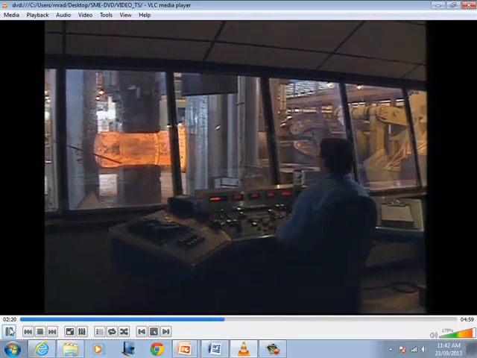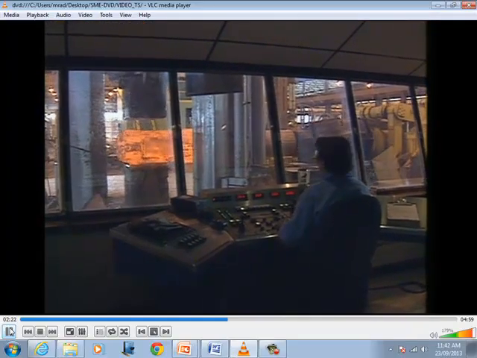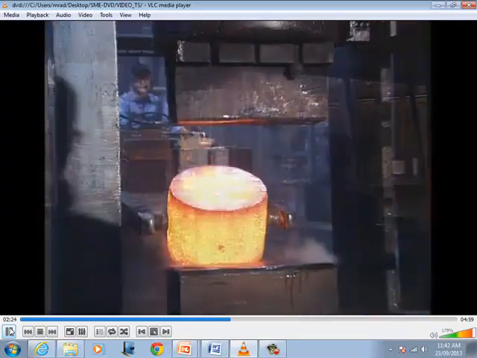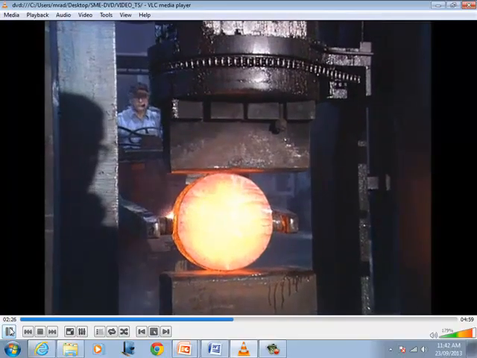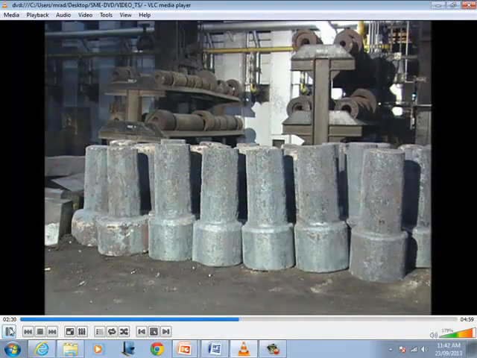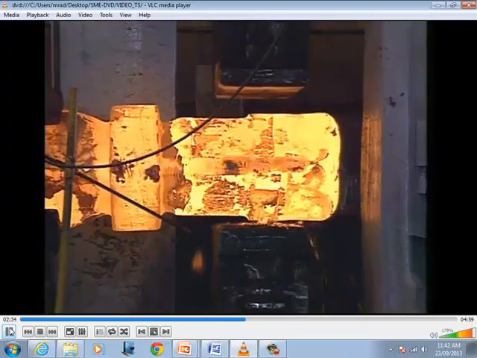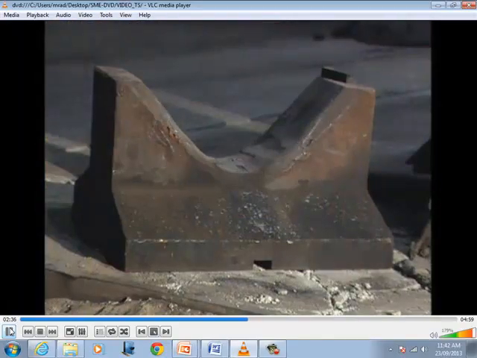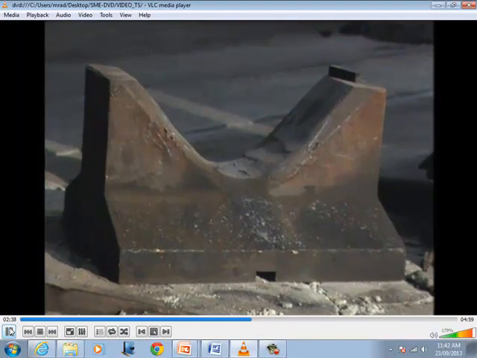Although fairly complex shapes can be made using open die forging, most are rather simple solids or hollows requiring considerable machining to achieve final shape. Forgings are produced using simple flat, V-shaped, or semi-round dies.